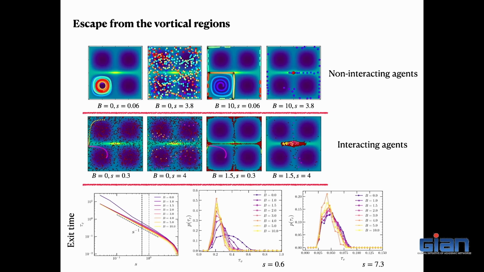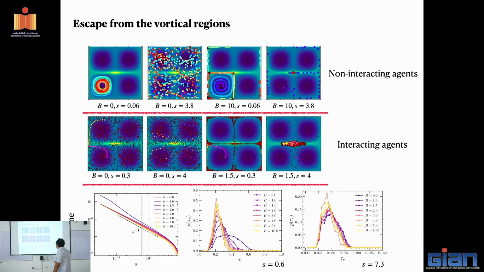B is 0. Fine. Now, if I introduce chemotaxis, whose strength is given by B, and I take a large chemotaxis, then you see at a small swimming number, the particle kind of spirals out and starts to look for food.